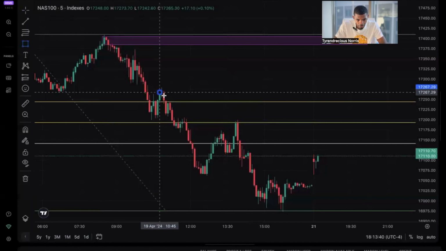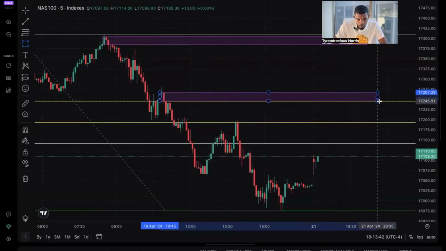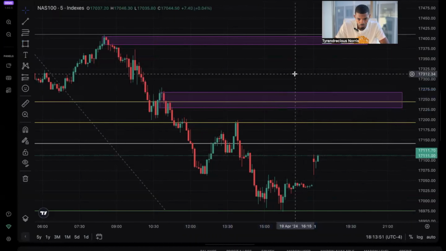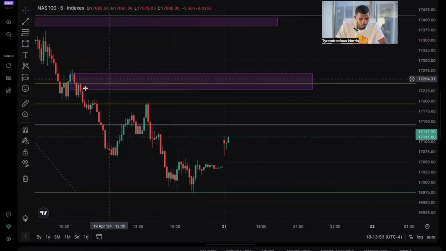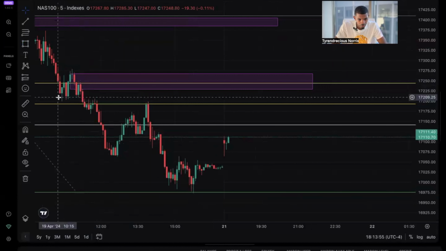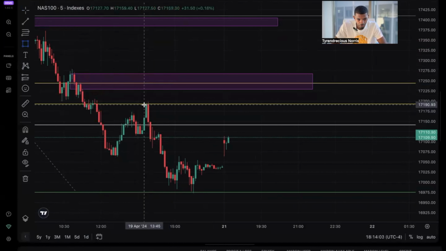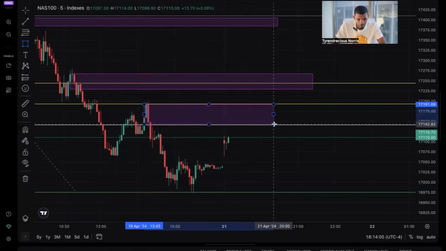This one's nice right here, guys. Price may come back into this zone, or really, this whole little zone right here. This is also a level of respect, but I can also tie this in with this block. So I'm gonna skip that one, and then I'm gonna mark this one up right here.